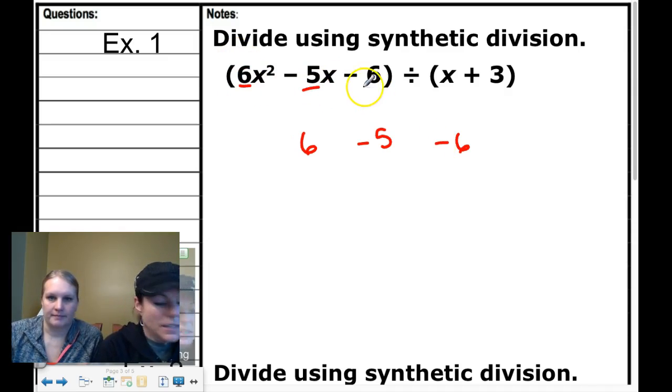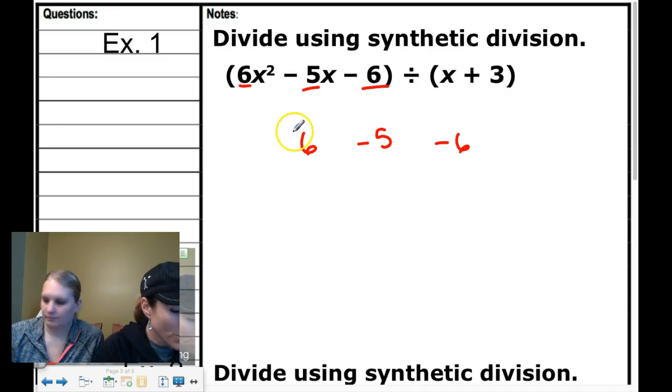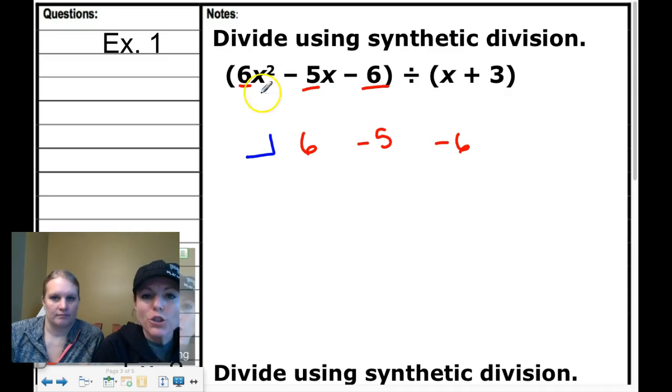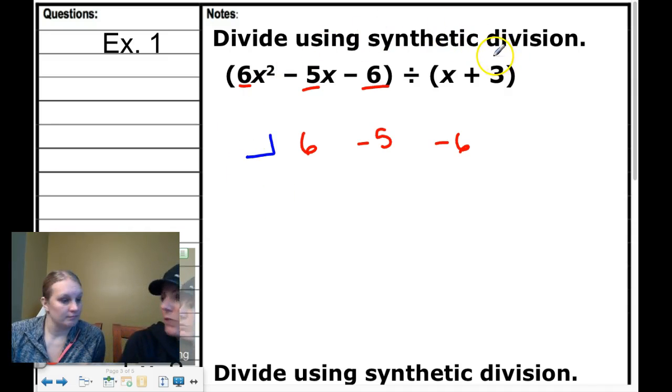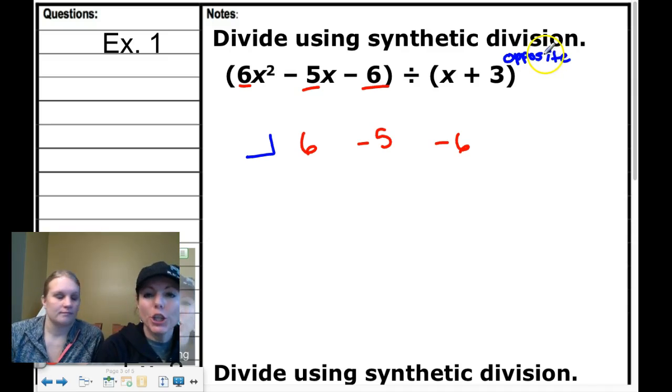Step 3, in the upper left corner, write the value of a for the divisor. Note, this is where they really get confused. For example, if the divisor is x minus a, you're going to use a, so not negative.